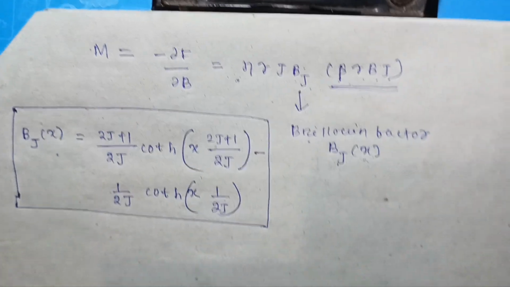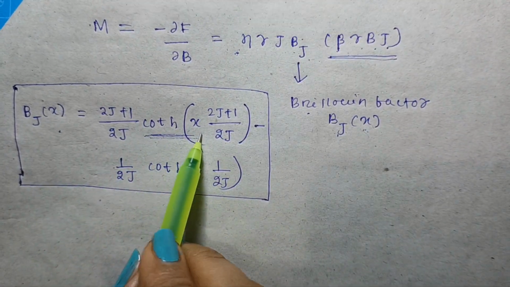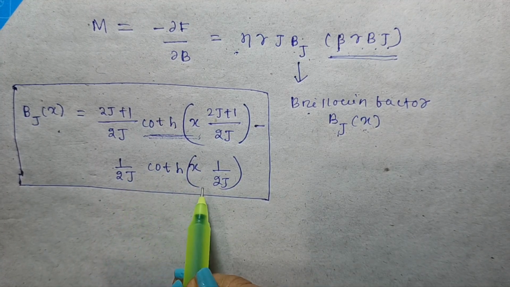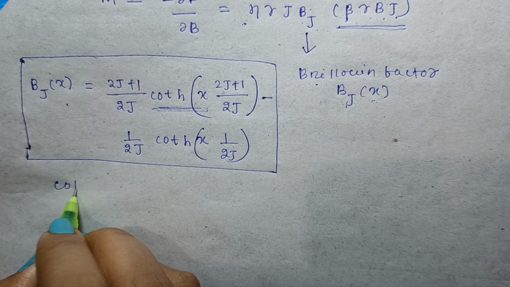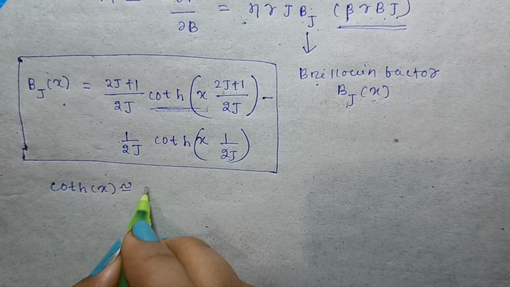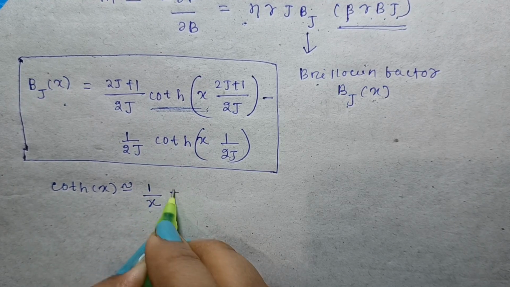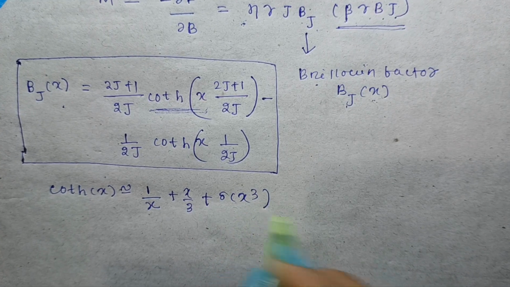In the expansion of coth x, we can retain terms up to first order in x, right? So coth x is approximately equal to 1 by x plus x by 3 plus order of x cubed, right?